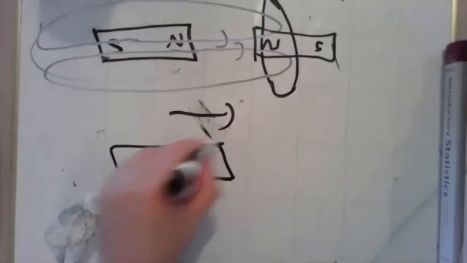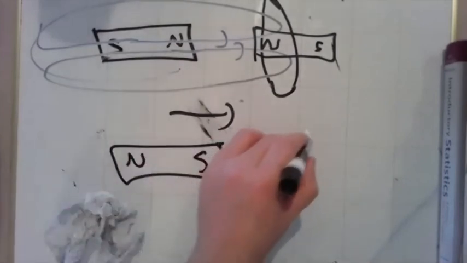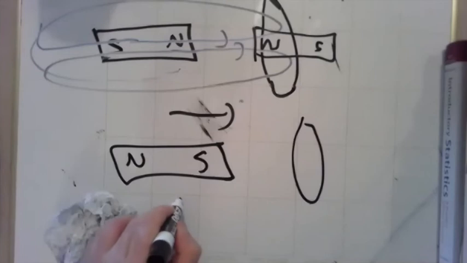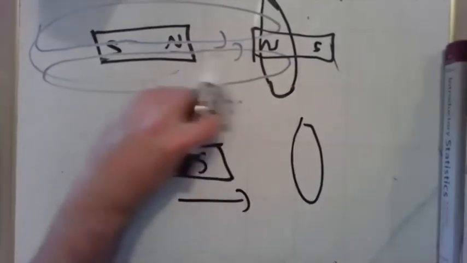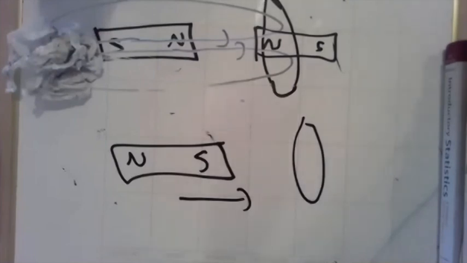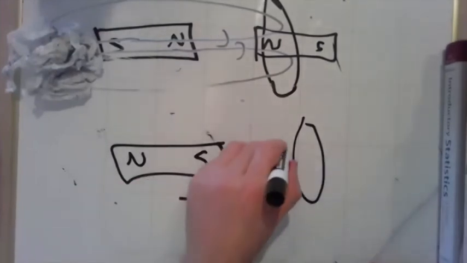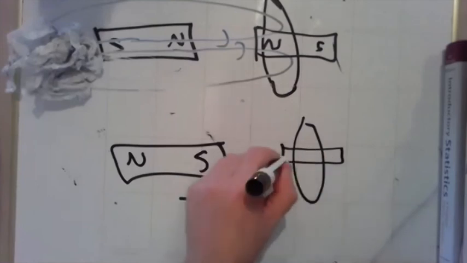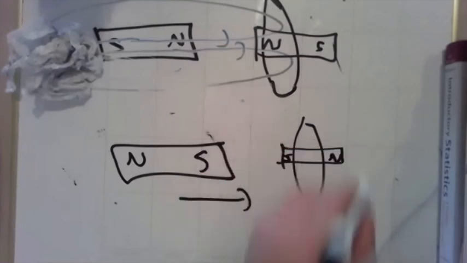If I have a north and a south, and I have my loop here, and I try to push this guy over, the new current is going to say, I want you to stop doing that. I don't want these coming together. So I'm going to create a little magnet here that tries to stop you. It doesn't succeed, it just tries.